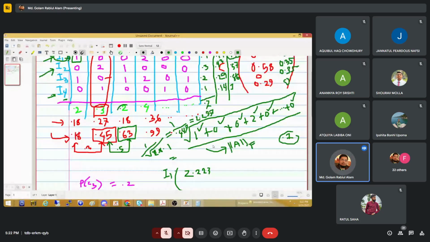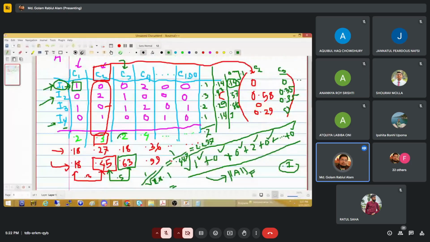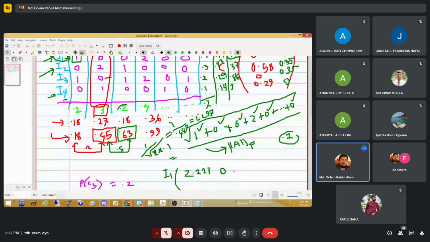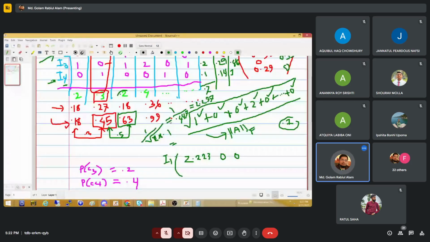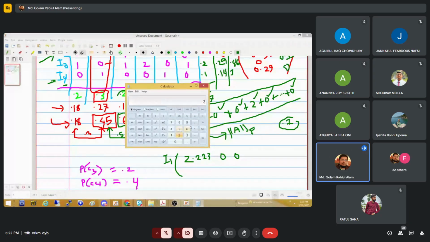In this way, the second value will be 0 here, and then 0, and then the 2 is there, so 2 by 0.447, it will be 4.47.